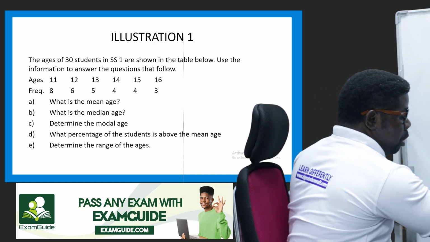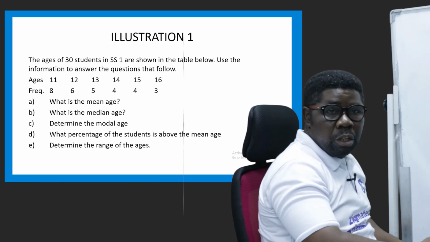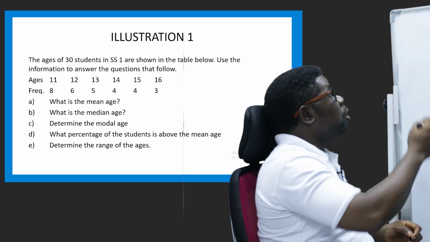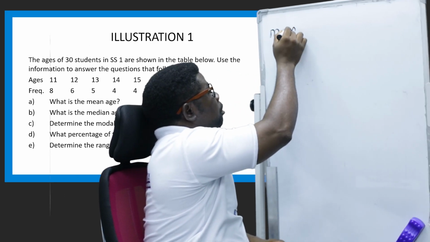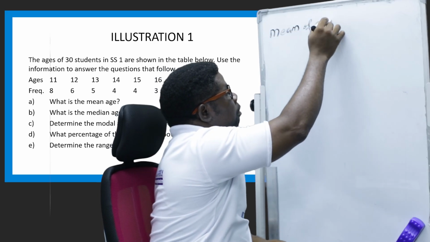First of all, you need to know how to arrive at your mean. You need to arrive at your mean for grouped data before you can start solving. What's the formula? We're looking for the mean of a grouped data.